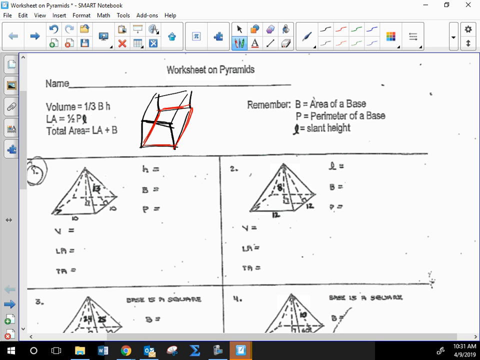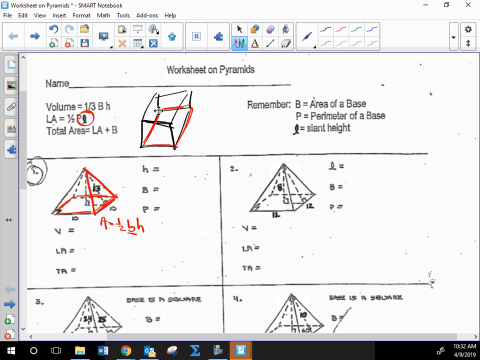Well now, because our faces are triangles, what's the area formula for a triangle? 1/2 base times height. So I'm still going to keep the 1/2, that's where that comes from. Now when I look at my bases, if I were to add together all the bases of my triangles, that's still the perimeter of my base. But then this is different. This is what we call slant height.